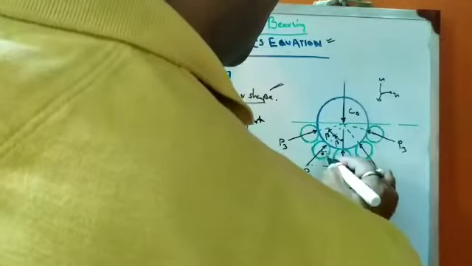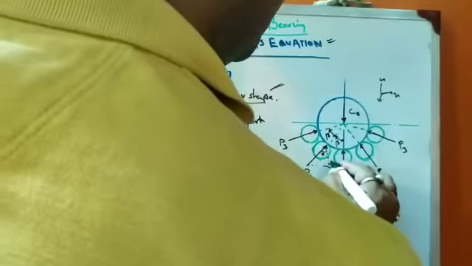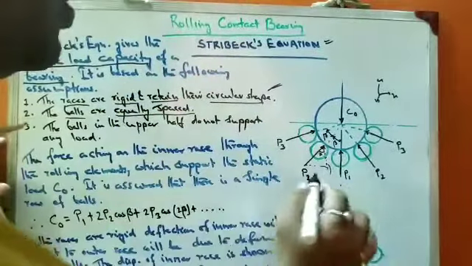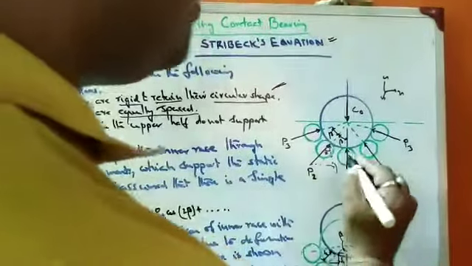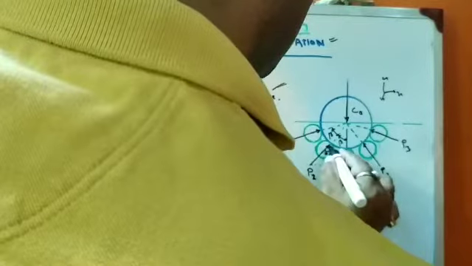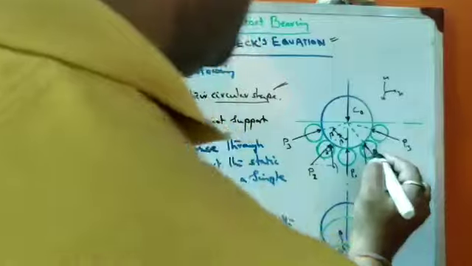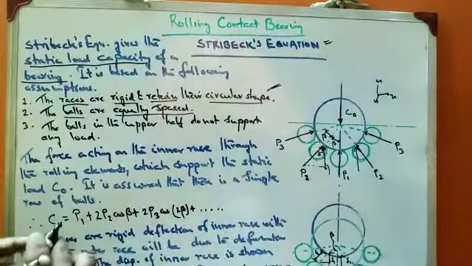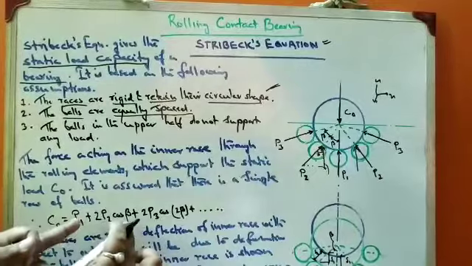So this should be equal to P2 cos beta. If you draw this like this, then another load should be over here also. So here another load will act, so that will take P2 cos beta plus P2 cos beta, that is twice P2 cos beta.